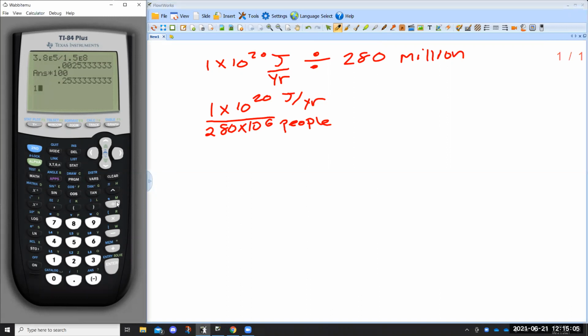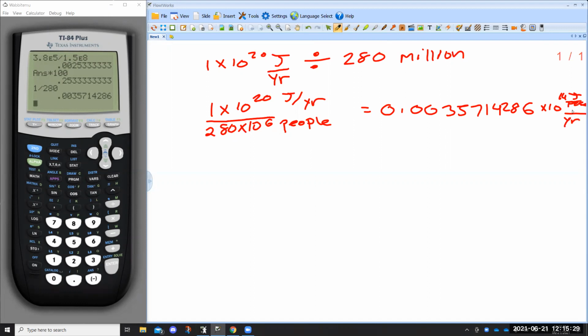1 divided by 280 is 0.0035714286 times 10 to the 14th joules per person. And this is per year. Now they want to change this to per second. So we need to take that number.